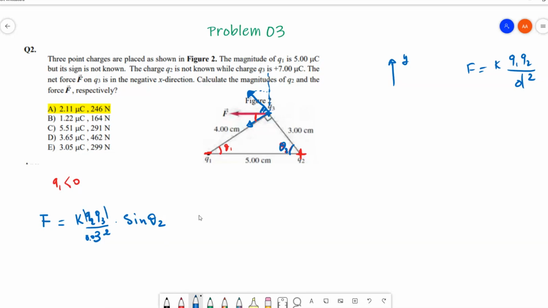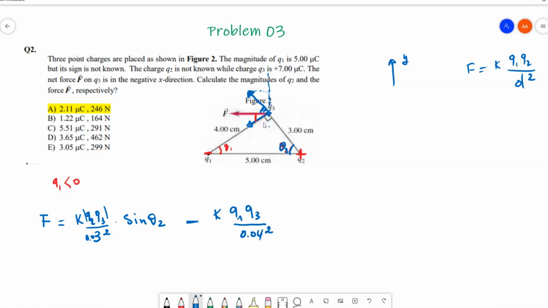Okay, great. Now, this one, the second force here, when I project it along Y, I should have the sign minus because it's pointing down. So it will be K, Q1 multiplied by Q3 over the distance, which is 0.04 square.